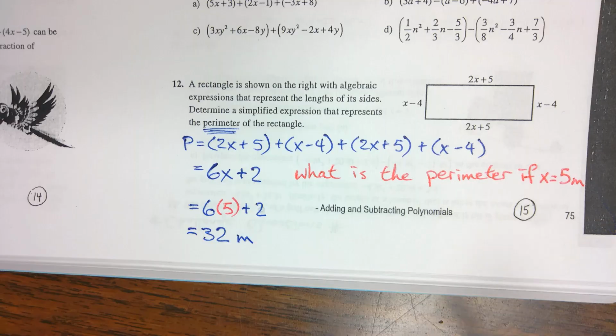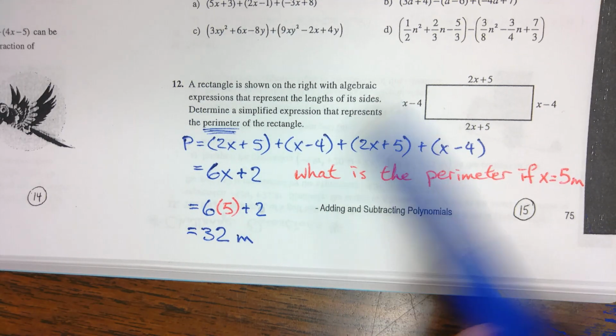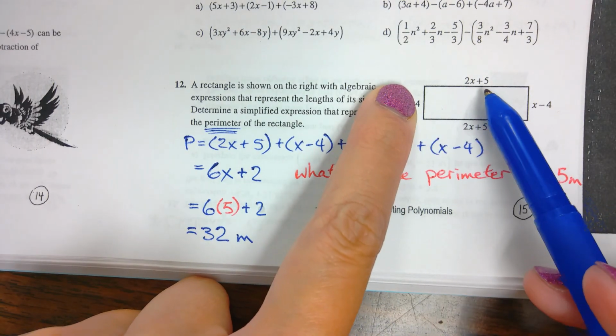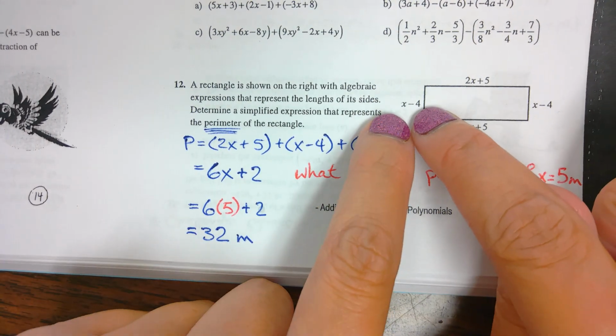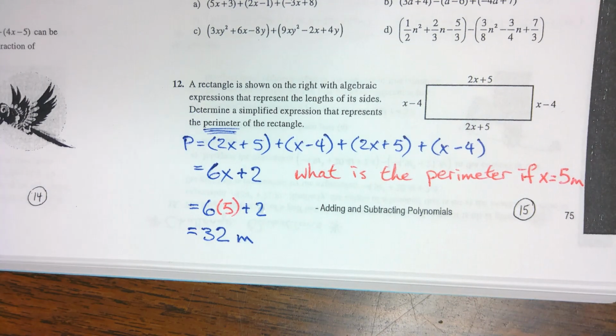Tomorrow, what we're gonna do is probably find the area. But if I ask you for the area, it will just be like a 4 times a 2x plus 5. If it's a binomial times another binomial, you do that in grade 10. So in grade 9, we only do a monomial times a binomial. Okay.